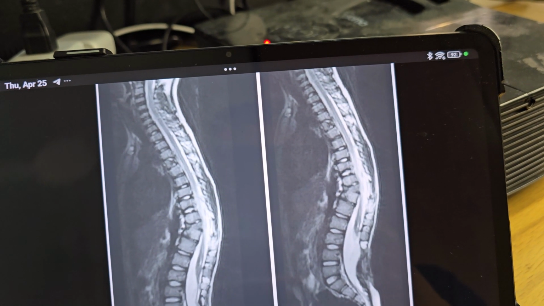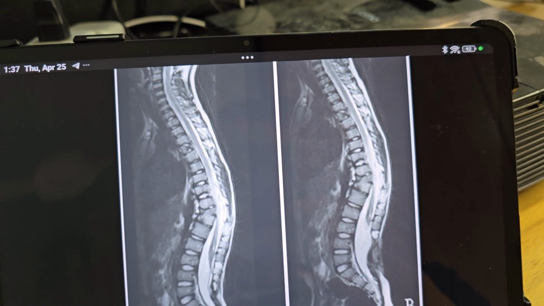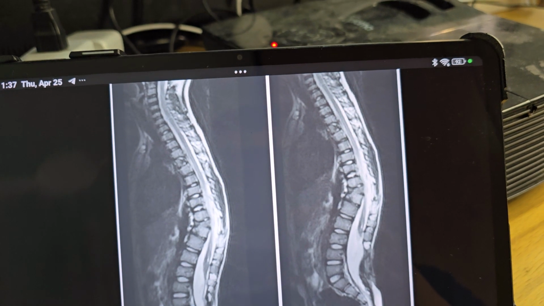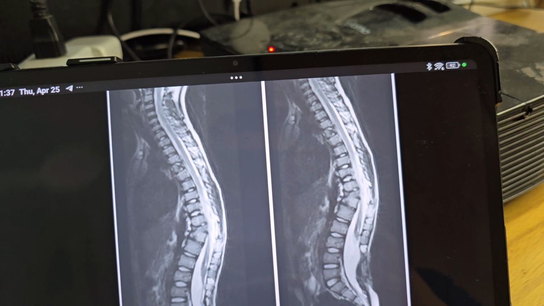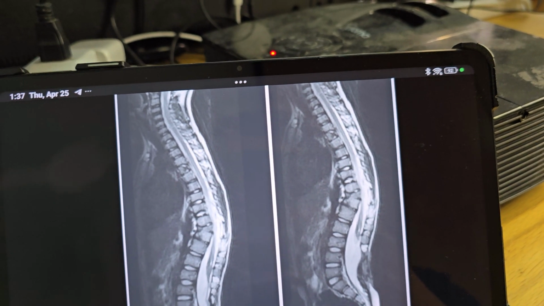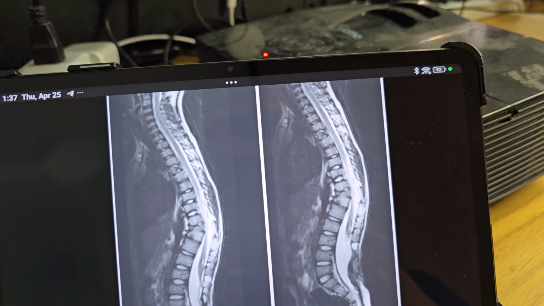Despite the variability, the normal level of the conus is at or above the second lumbar level, and the thickness of the filum terminale can also be evaluated. A thickness greater than 2 mm can be considered abnormal in children, although this is somewhat controversial.